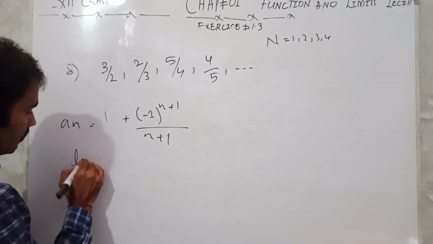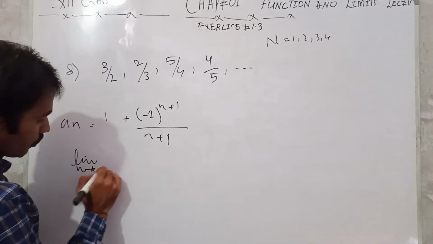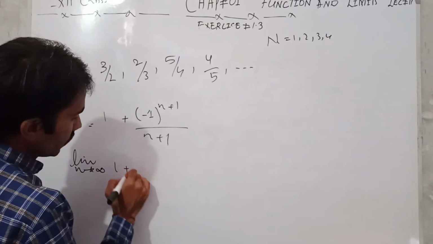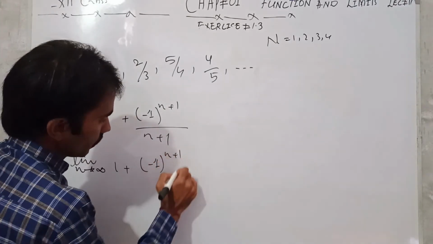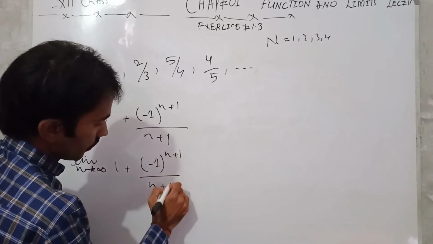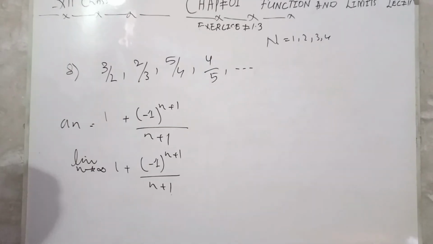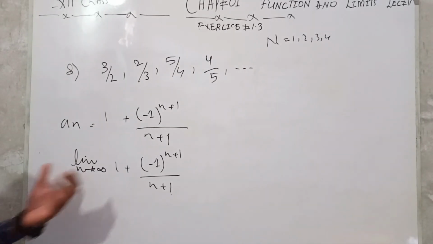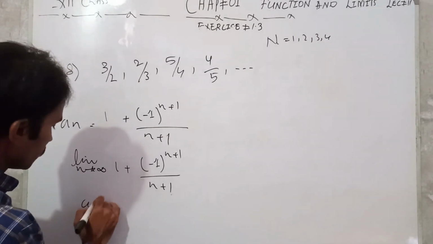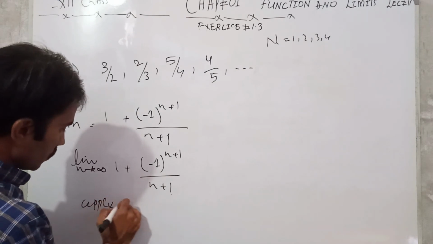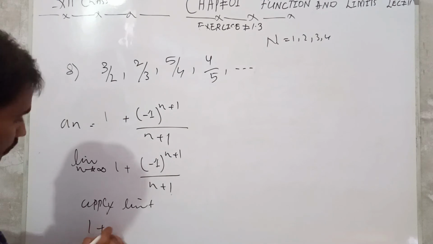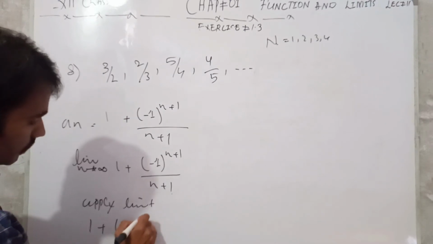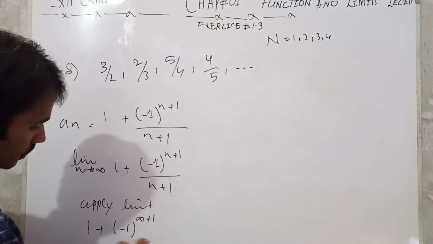Now we apply the limit, n approaches infinity of 1 plus minus 1 to the power n plus 1 divided by n plus 1. We apply the limit directly, so it will be 1 plus minus 1 to the power infinity plus 1 divided by infinity plus 1.